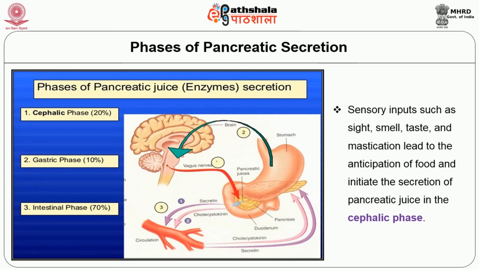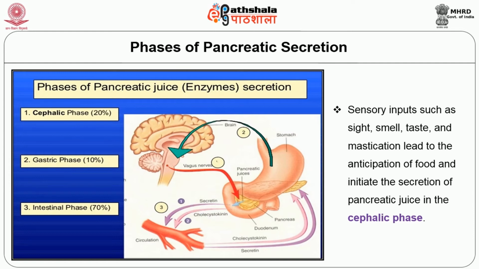The secretion of pancreatic fluid occurs in three phases, namely the cephalic, gastric and intestinal phases, which correspond with the stages of gastric secretion. Sensory inputs such as sight, smell, taste and mastication lead to the anticipation of food and initiate the secretion of pancreatic juice in the cephalic phase.